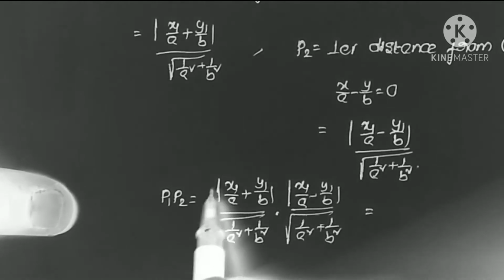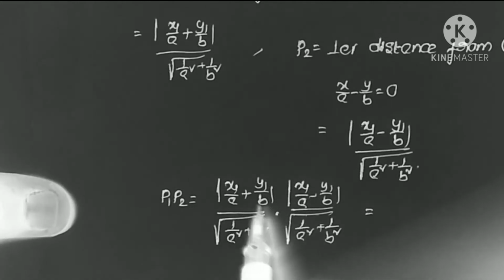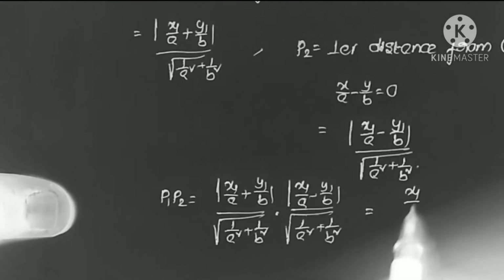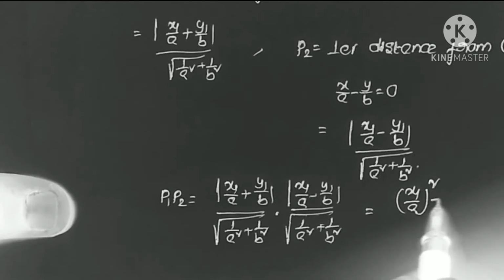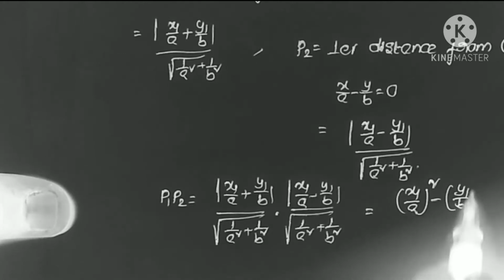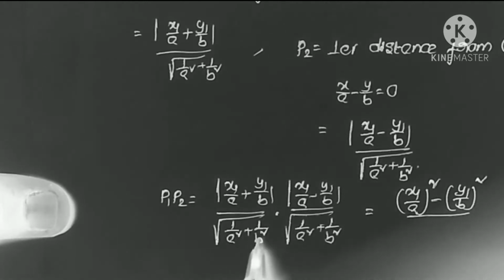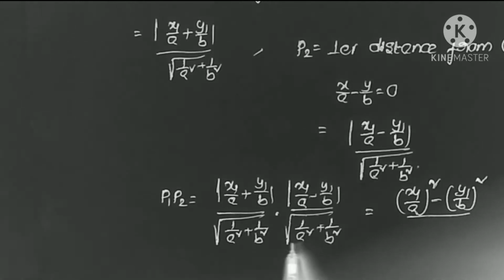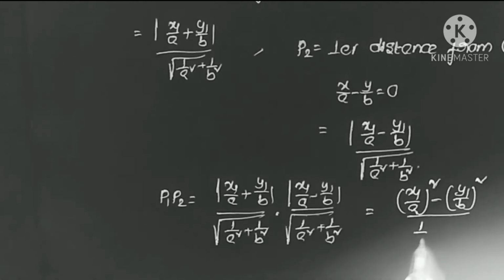Now this is in the form of (a plus b) into (a minus b), that is a square minus b square. So we get (x1 by a) whole square minus (y1 by b) whole square, over root of 1 by a square plus 1 by b square into root of 1 by a square plus 1 by b square, that is 1 by a square plus 1 by b square.